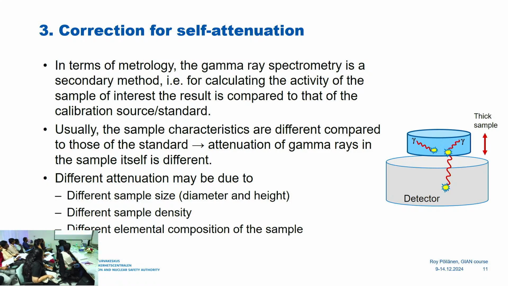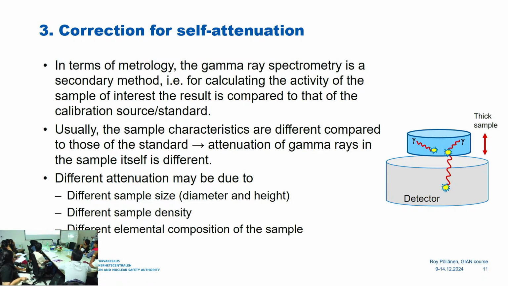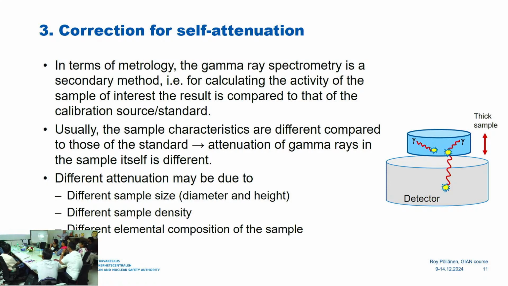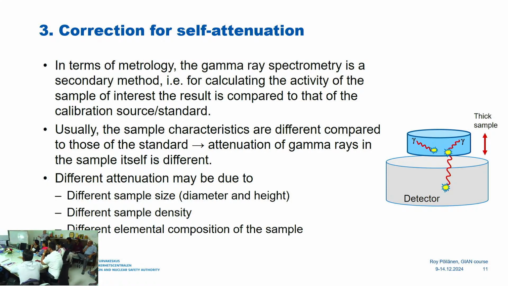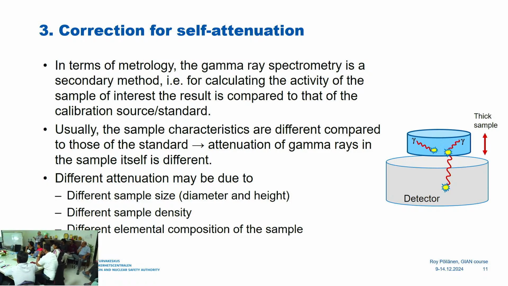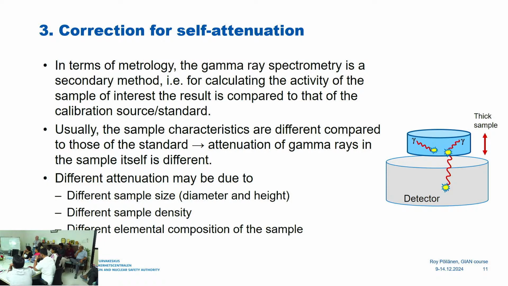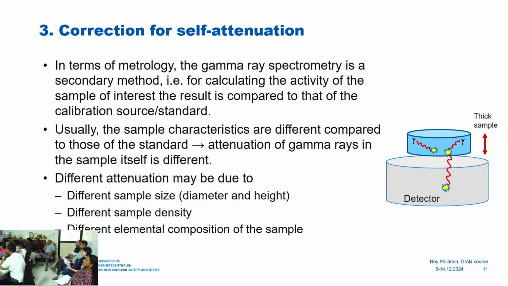And the point is that usually the sample characteristics are different compared to those of the standard, at least in our cases. So in STUK we are measuring so many different types of samples.